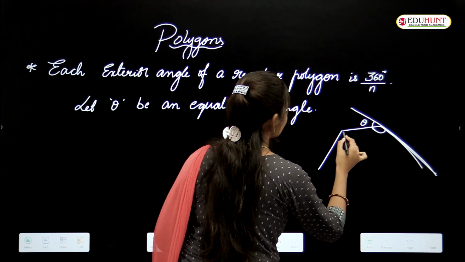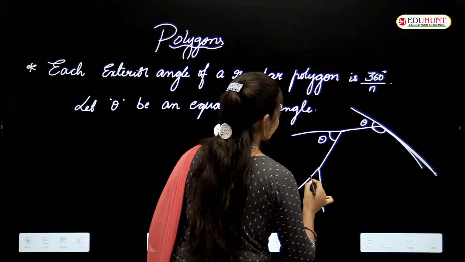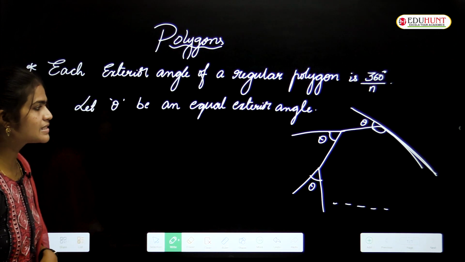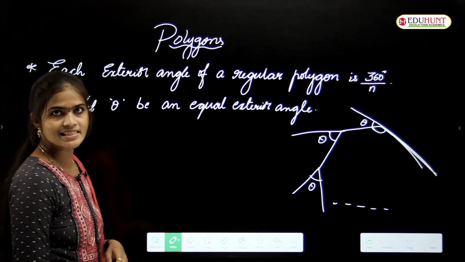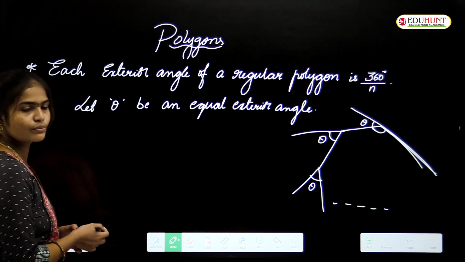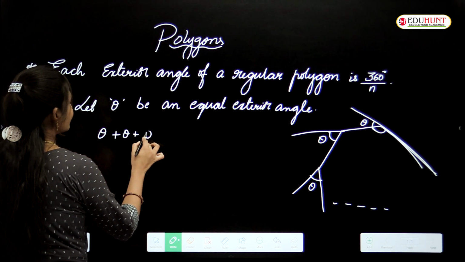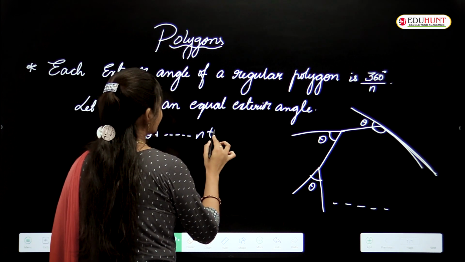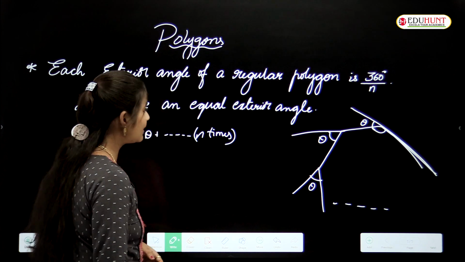So this is a theta and here also theta and so on. Like this, one figure is there. So here how can we find it? Let theta be an equal exterior angle. So all angles are equal, no? So that's why theta plus theta plus theta plus and so on up to n times. Why? Because here n angles are there, no? That's why up to n times.